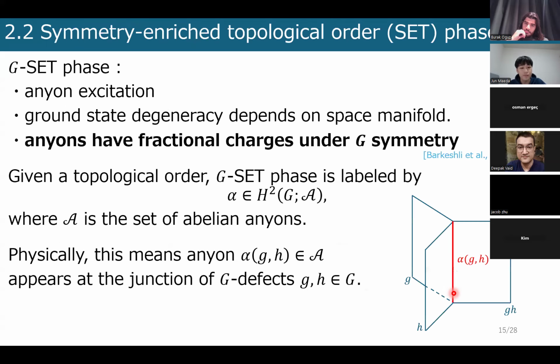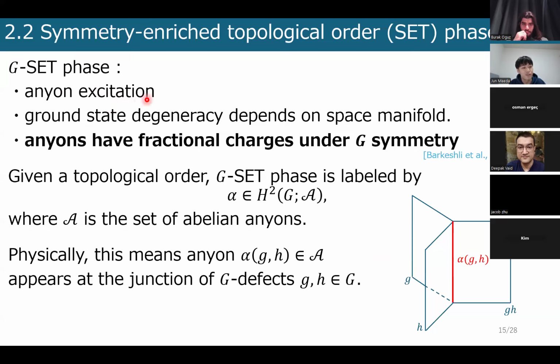Okay, then I will explain the symmetry-enriched topological order phase, which is usually called the SET phase. The SET phase is characterized by anyonic excitations. Precisely speaking, a topological order phase is characterized by anyonic excitations.